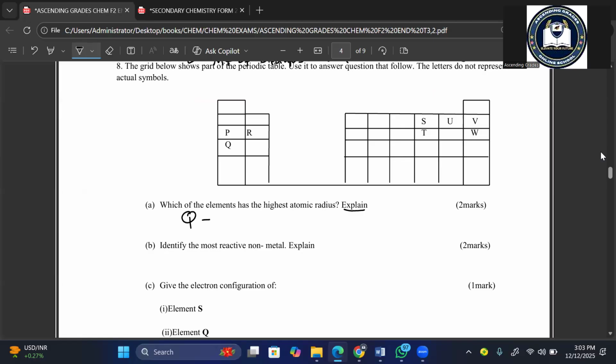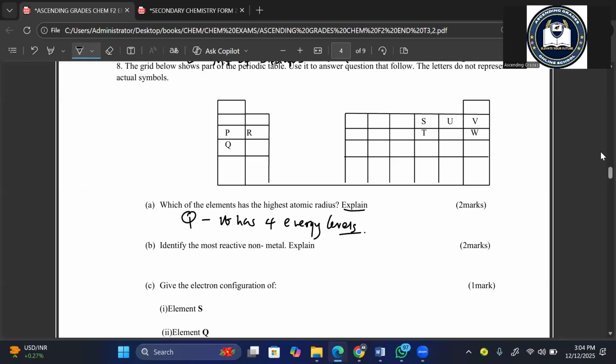It is in group 1, and in period 1, 2, 3, 4. It is in period 4, so it has 4 energy levels. Why can't we compare with the rest?